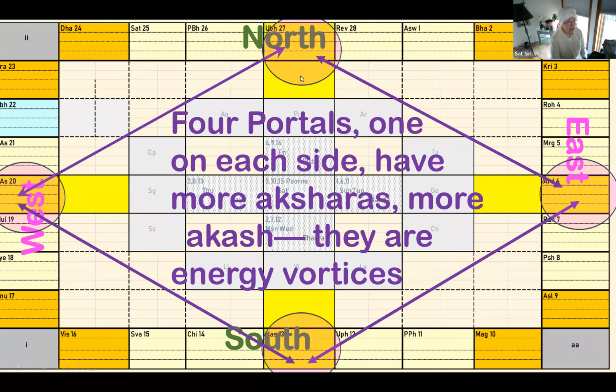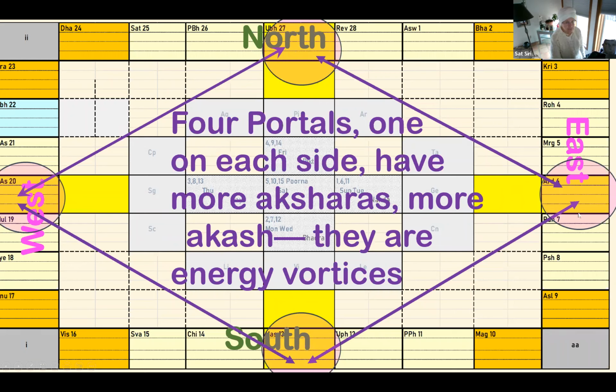So the other high energy points on the chakra are the 4 portals at the gates in the mandala. We have the north, the south, the east, the west, and in the central nakshatra of each of these 4 is a high energy area.